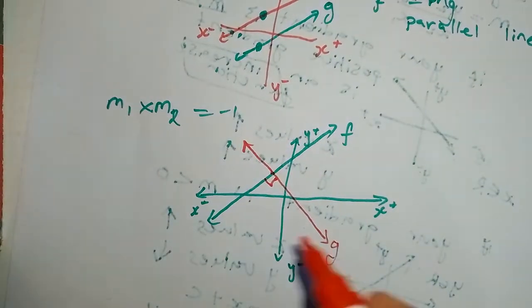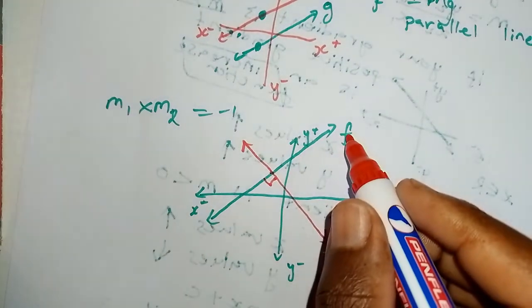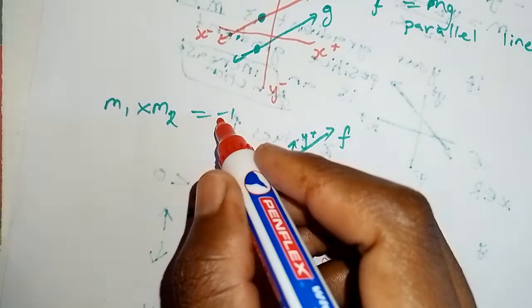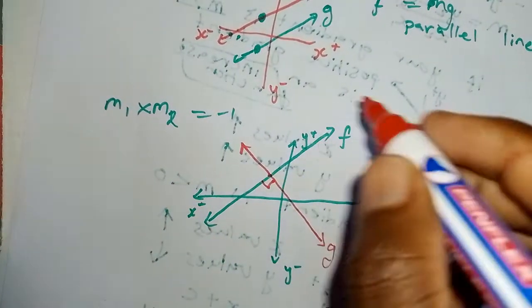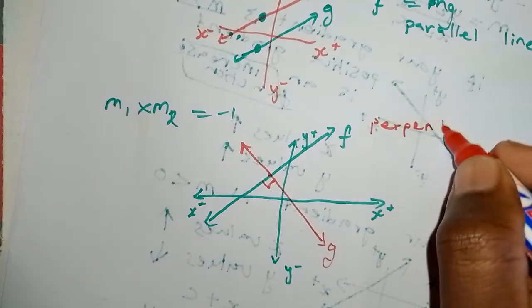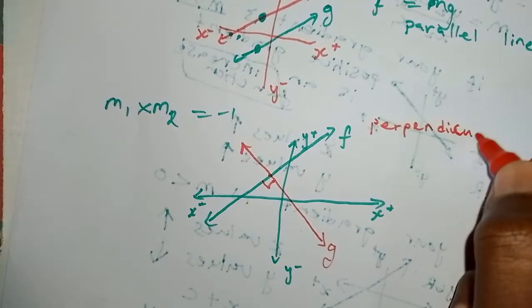The gradient of f multiplied by the gradient of g should give me -1. Why? Because the two are perpendicular.